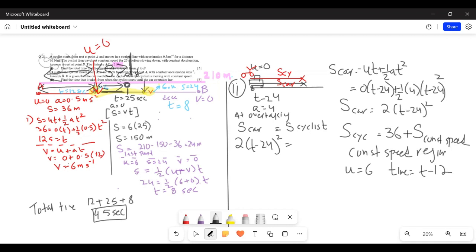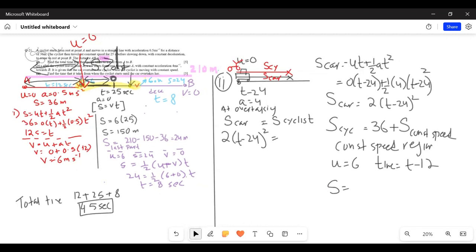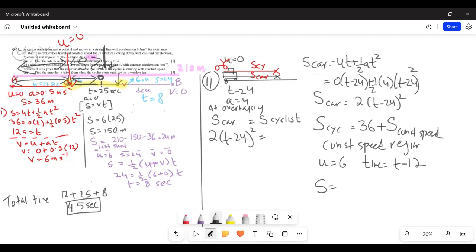Okay. And we need S. We also know acceleration in this part is 0. So we can use just S is equal to Vt, since the speed is constant. So S in the constant speed region is V, which is 6, and t, which is T minus 12.